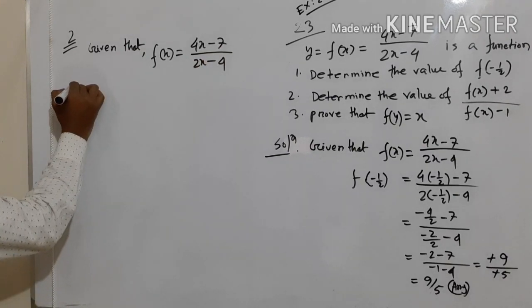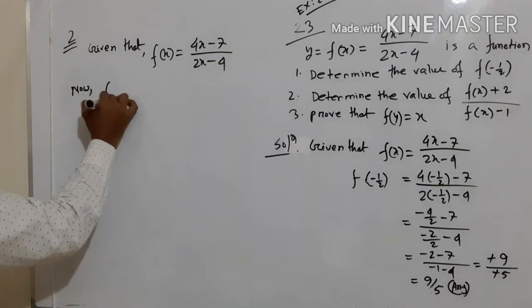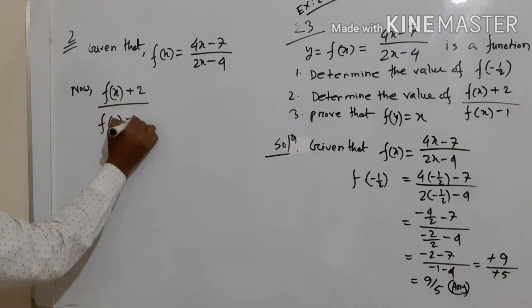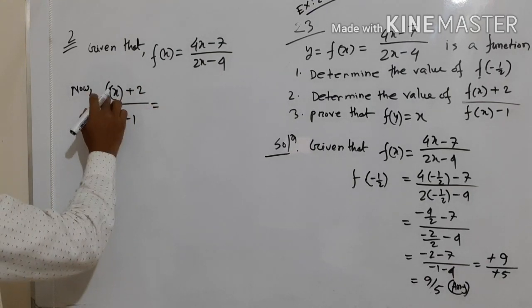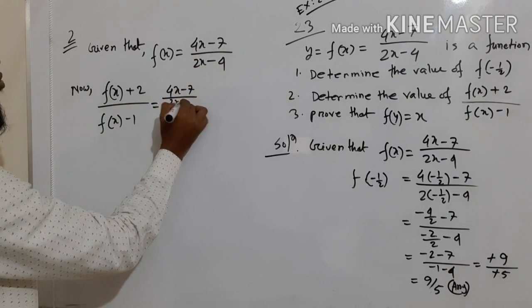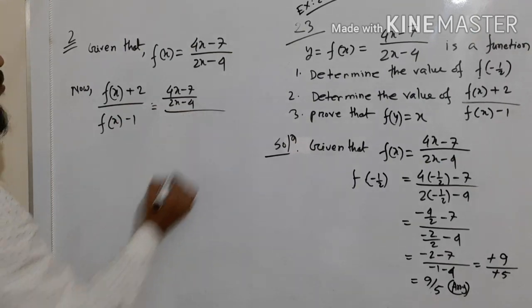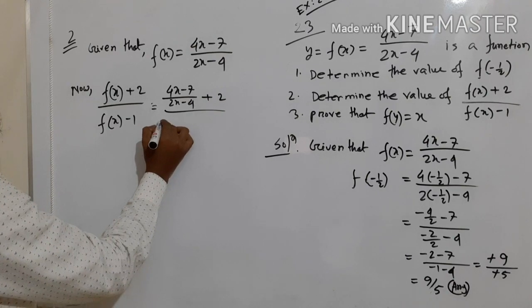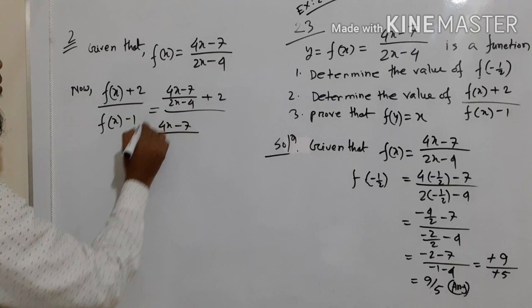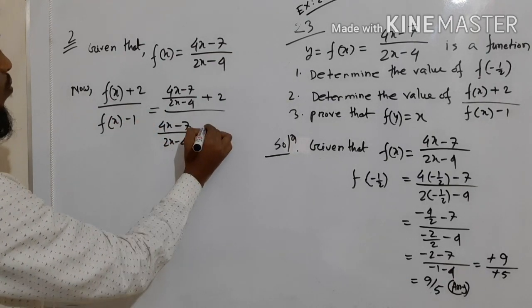So, our finding value, I will find the value of f of x plus 2 divided by f of x minus 1. So, the value of f of x is this 4x minus 7 divided by 2x minus 4 plus 2, divided by 4x minus 7 divided by 2x minus 4 minus 1.